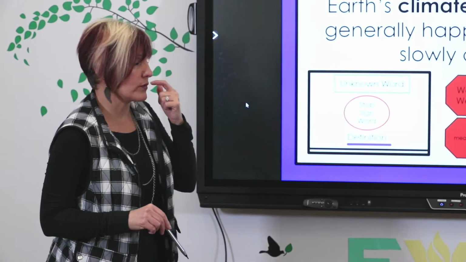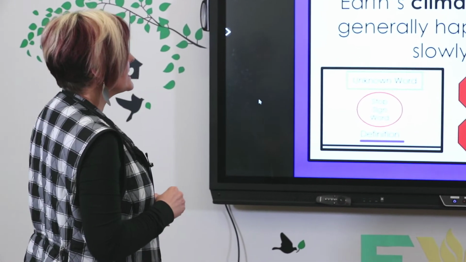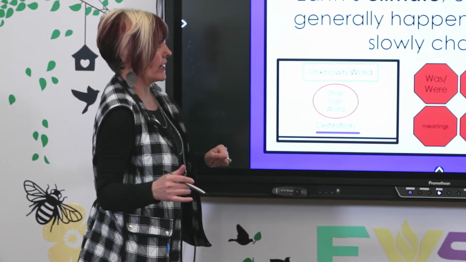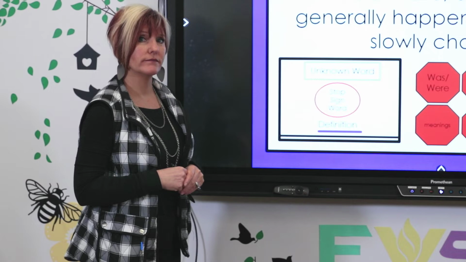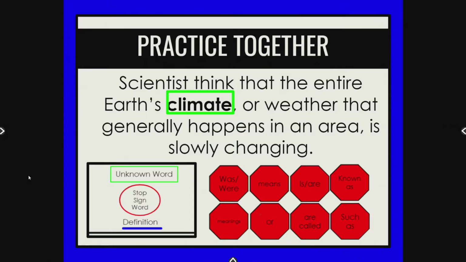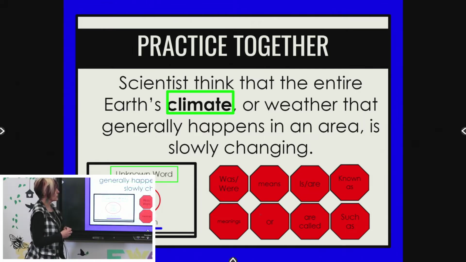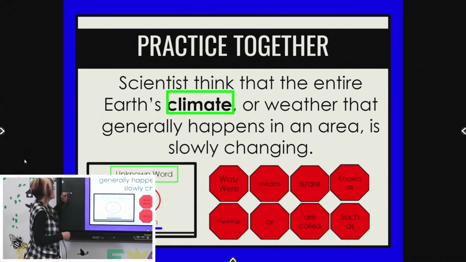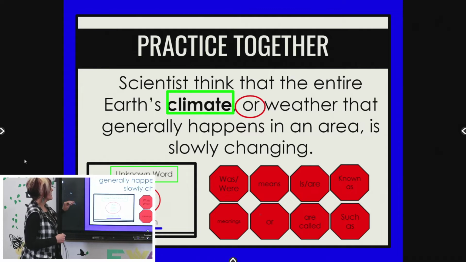Okay, let's look at another one together. Scientists think that the entire Earth's climate, or weather that generally happens in an area, is slowly changing. So again, our unknown word is climate. What does it mean? Well, let's look for those stop sign words. I see it right there, or. And then, what comes after that?